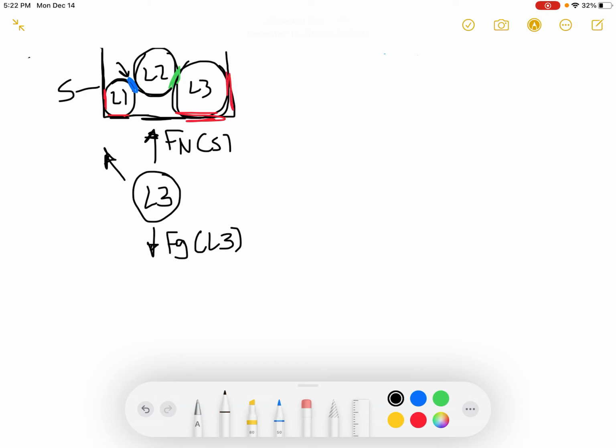Then there's also a force of log 2 that is in a southeast direction because of the way that the logs are set up. Or sorry, not normal force, gravity force, because it's on top of it. There you go. That's log 3.